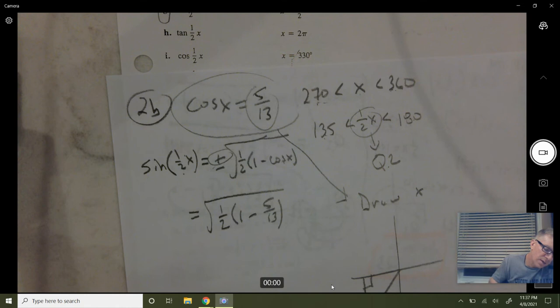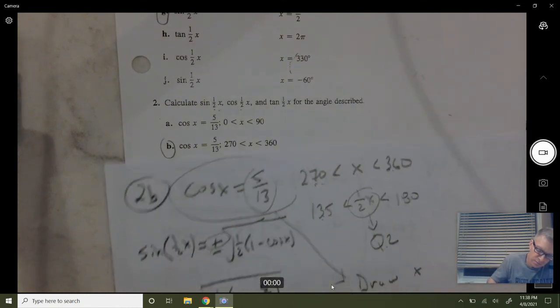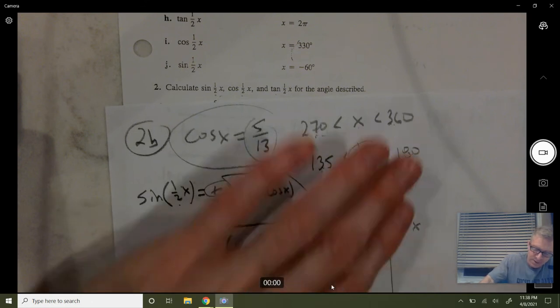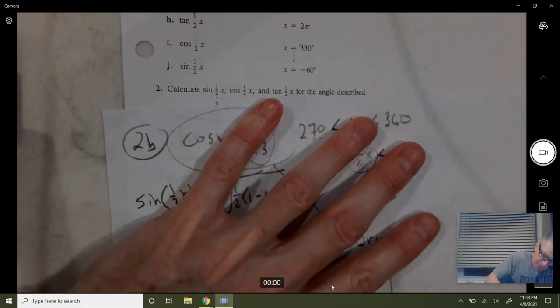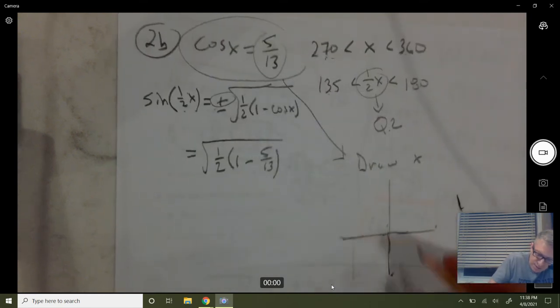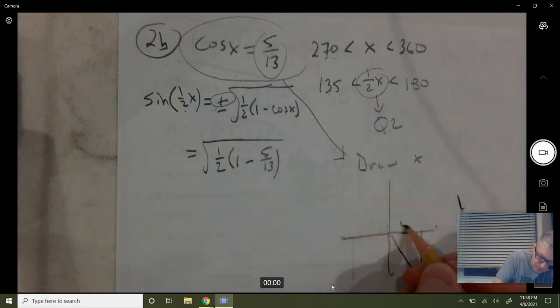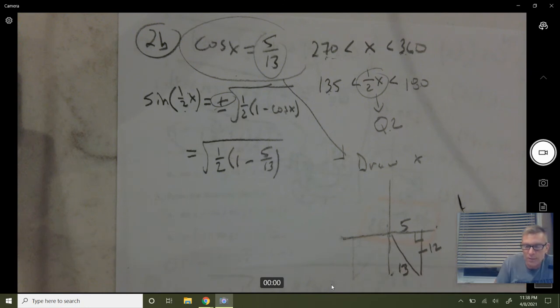It is in quadrant 4, which makes more sense. 270 is here, 360 is here, so we're going to end up drawing over here, which makes sense. The cosine of your angle should be positive. So the 5 over the 13, this is a 5, 12, 13, so that'll be negative 12.